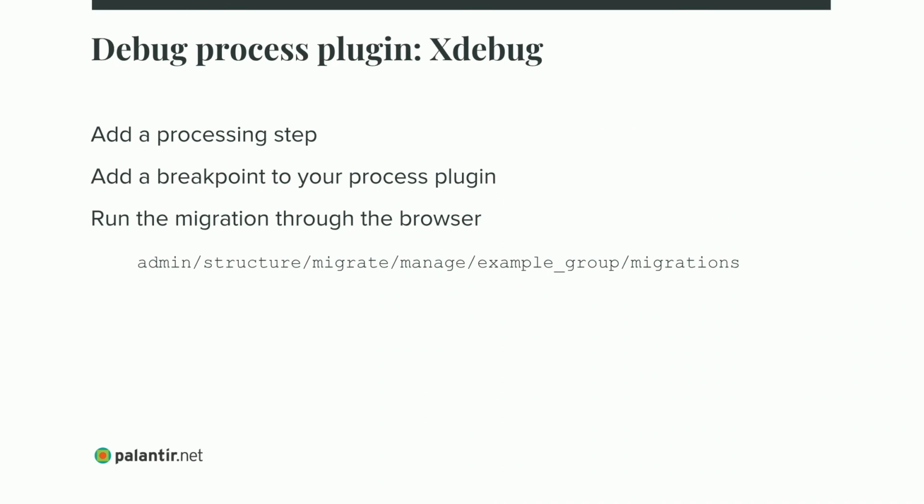The third option is to use xdebug. If you use xdebug as a debugger, this is a really good option that you can use with migration. Things to keep in mind are that you're going to need somewhere to put a breakpoint. Process plugins are a really good place for that. You can add that debug plugin, and then you can put a breakpoint in it. Because it's xdebug, one of the easier ways to trigger that is to run the migrations through the user interface.